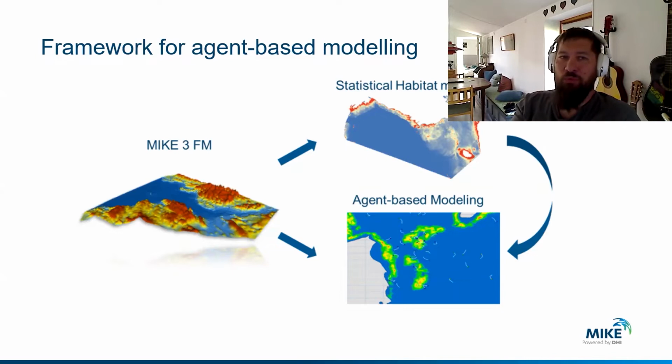And then we couple both the hydrodynamics and the dynamic habitat mapping to our agent-based models, meaning that we can supply our agents with information from standard top-down population modeling, dynamic habitat modeling, and also from dynamic hydrodynamics, which change in space and time. This gives the platform a very solid basis for agent-based modeling, because you can actually inform your agents a lot through this combination.